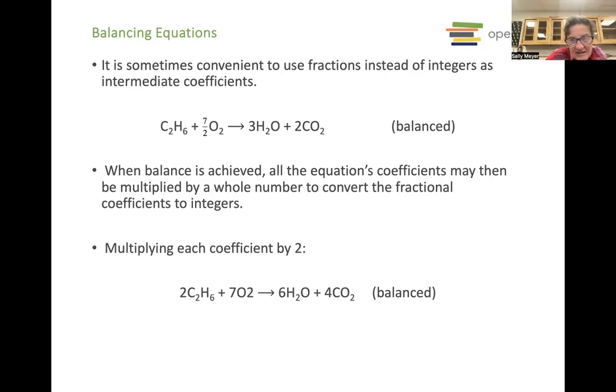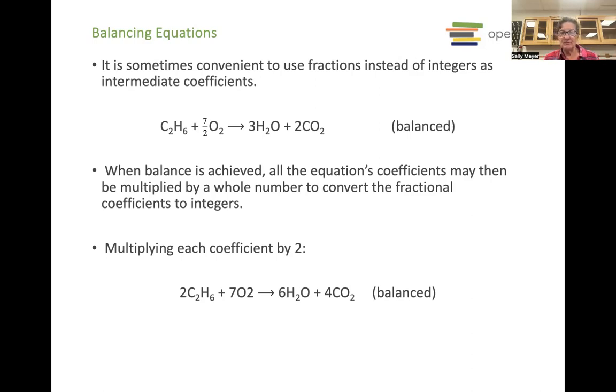And to balance the hydrogen, we have 6 hydrogen on the reactant side. And if we put a 3 out front of the water, we'll have 6 hydrogen atoms on the product side. And that would leave us with 3 times 1 oxygen plus 2 times 2, 4 oxygen. So that would leave us with 7 oxygen atoms on the product side.